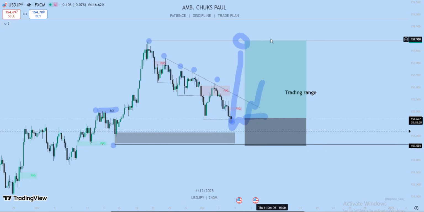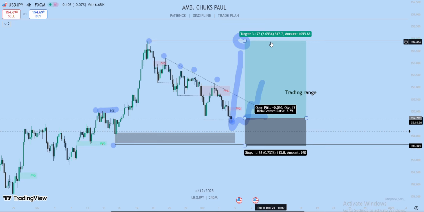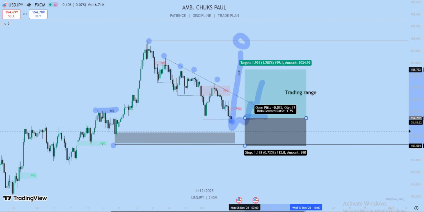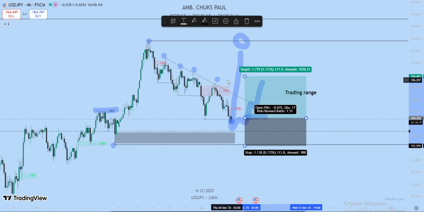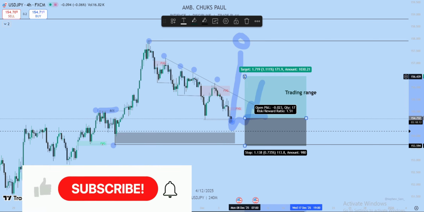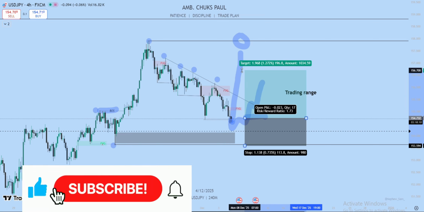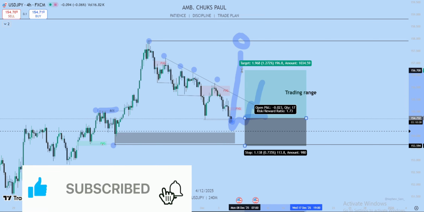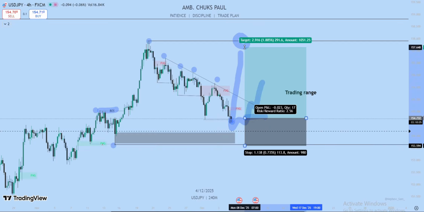For instance, if you want to hold this trade all the way here, it can take, let's say, 3 days, 4 days, even 1 week, or even 2 weeks or more, right? But if you want to target the first child, which is this one here, you discover that it can hit your TP in a day. In a day, you can hit TP and go. Then next day, you now start looking for another entry, which you might not be able to get, or sometimes you will still be able to get, right?